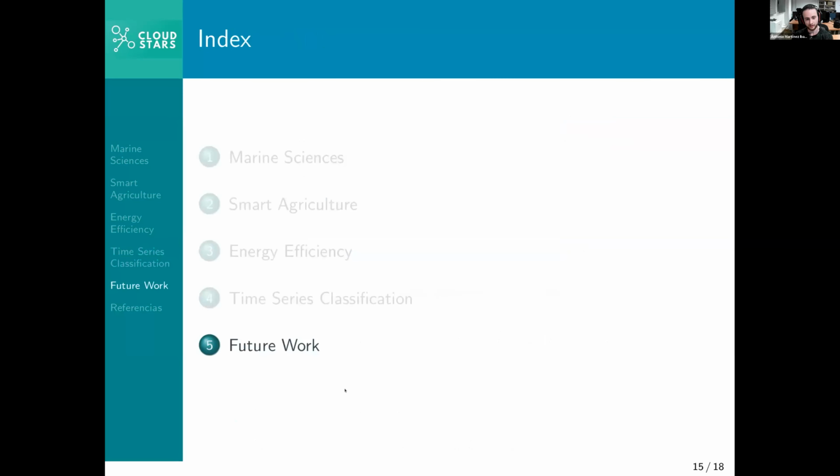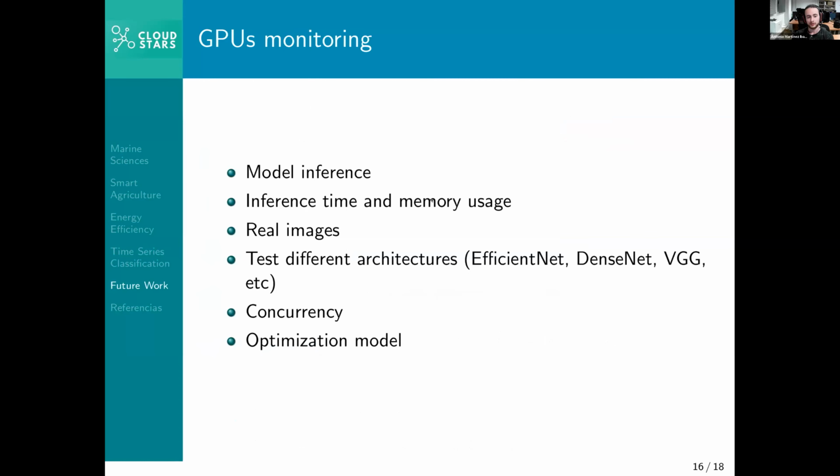And finally, I'm going to point out what is going to be done as future work. Following Aurora Gonzalez's work on IBM, which she presented in session 2, I'm beginning to work also with GPUs with the intention of optimizing its performance in a controlled environment for model inference on images.